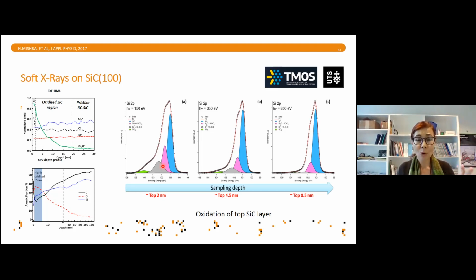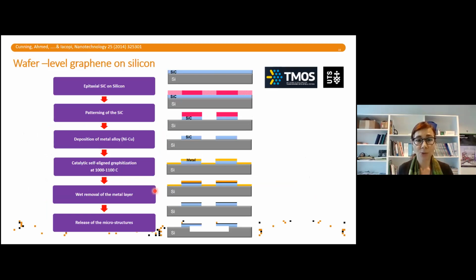And this is the reason why we can get better coverage, more uniform coverage, and more consistent coverage, because we can relax a little bit the constraints from that very, very defective silicon carbide underneath. So that's an important thing. But we do work in medium vacuum conditions, so we do have some back pressure of oxygen, which shows up in this way. And this is an important thing, again, when we look into the transport properties of this platform.